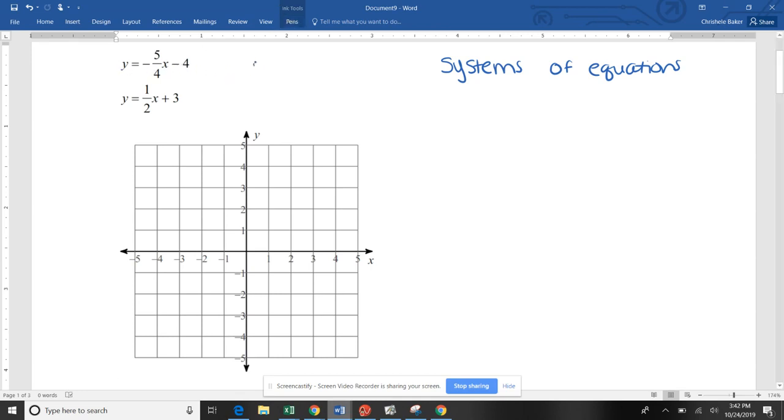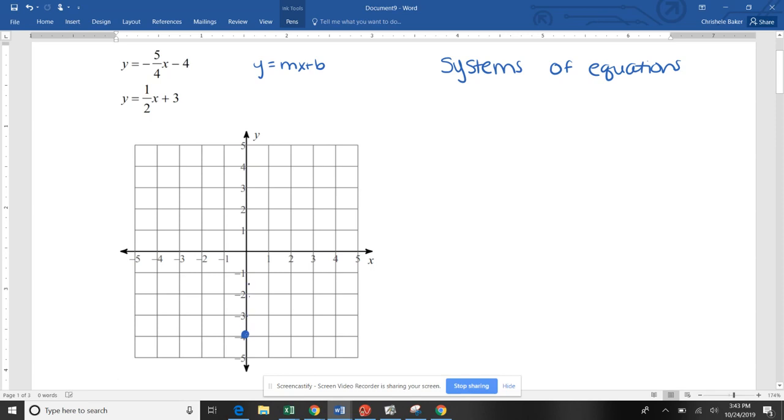So I see that I am in the form y equals mx plus b. So my b value is -4. That's here. And my slope is -5/4. So that's down 5 to the right 4, but that's not really going to work for where I am on this graph. So I'm also going to be able to go up 5 and to the left 4.